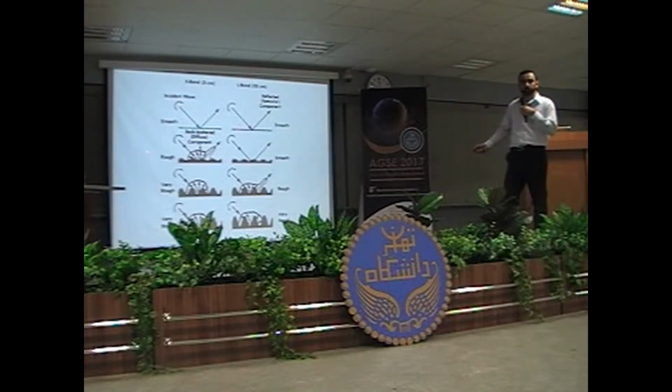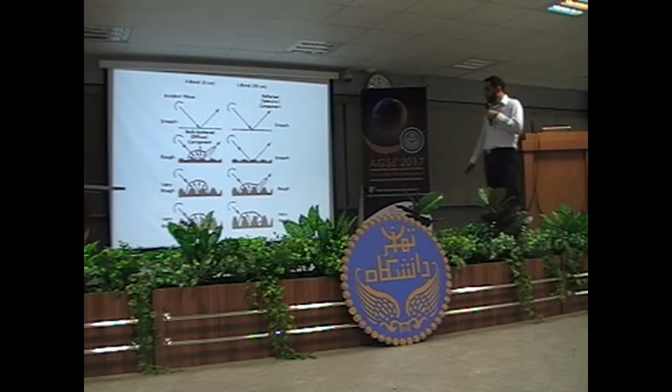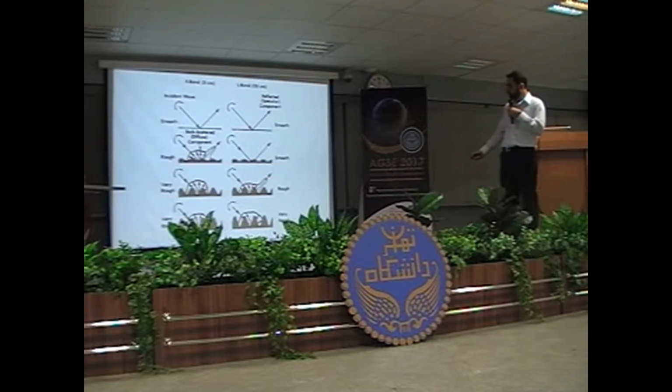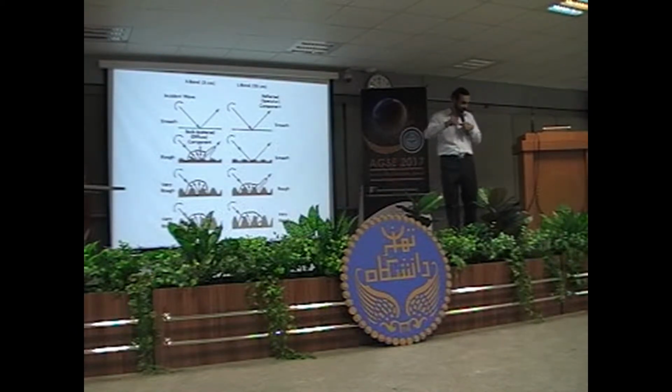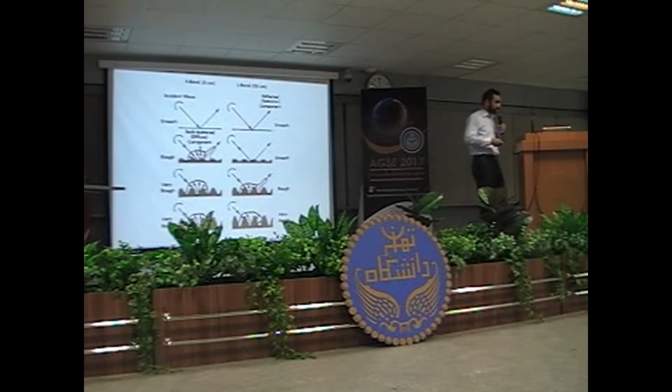The same surface is smooth for L-band, but rough for X-band. And also in these two cases, for example, the same surface is very rough for X-band, but for L-band it is rough. You know what I'm saying? So when we call a surface rough or smooth, it really depends on the wavelength that the antenna is working with.